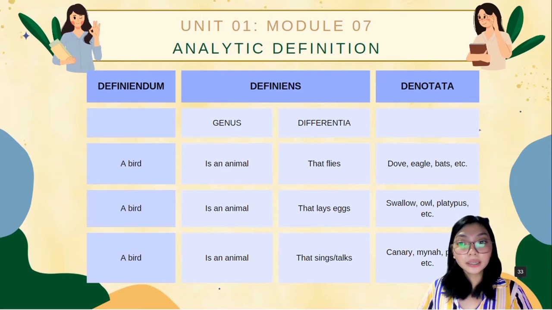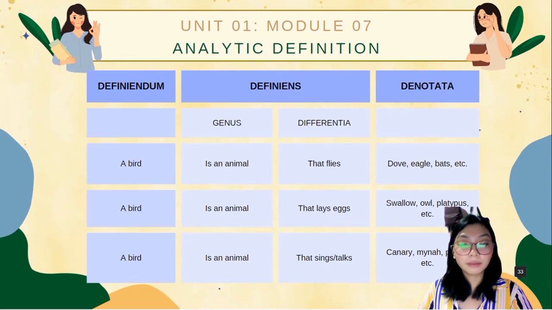So where does the error here lie? The differentia that flies is too broad, so that it will involve non-members of the concept, given that bats, butterflies, and even moths can be included. Likewise, the differentia that lays eggs is also too broad, that it can include animals like platypus, turtles, and crocodiles.